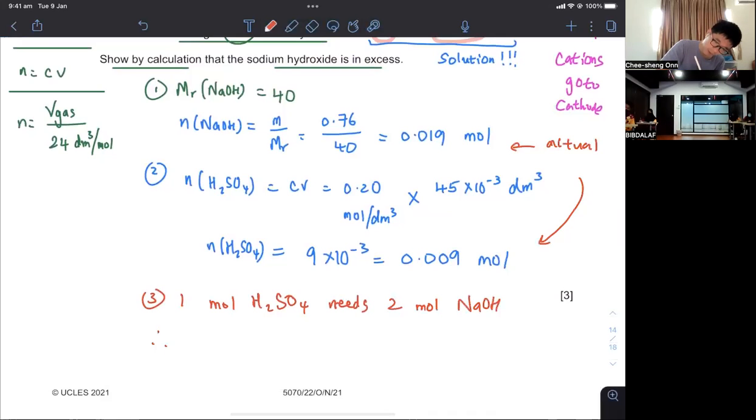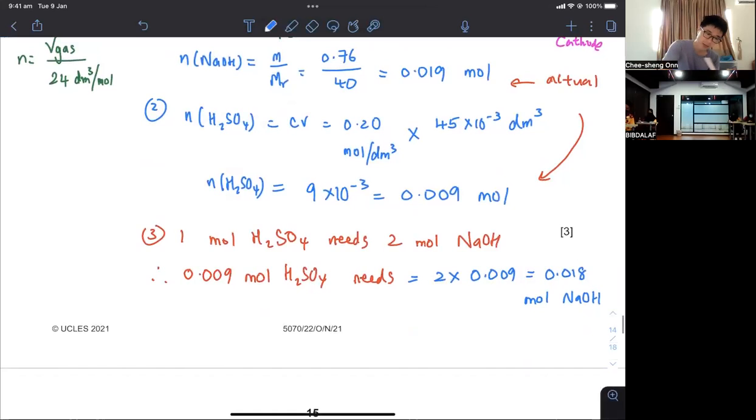So therefore, 0.009 mole of H2SO4, you need how many mole of NaOH? You would need 2 times 0.009, which is 0.018 mole NaOH. Hope you can follow. You need this much NaOH if you have this much mole of H2SO4, based on the balanced equation, which I write down.